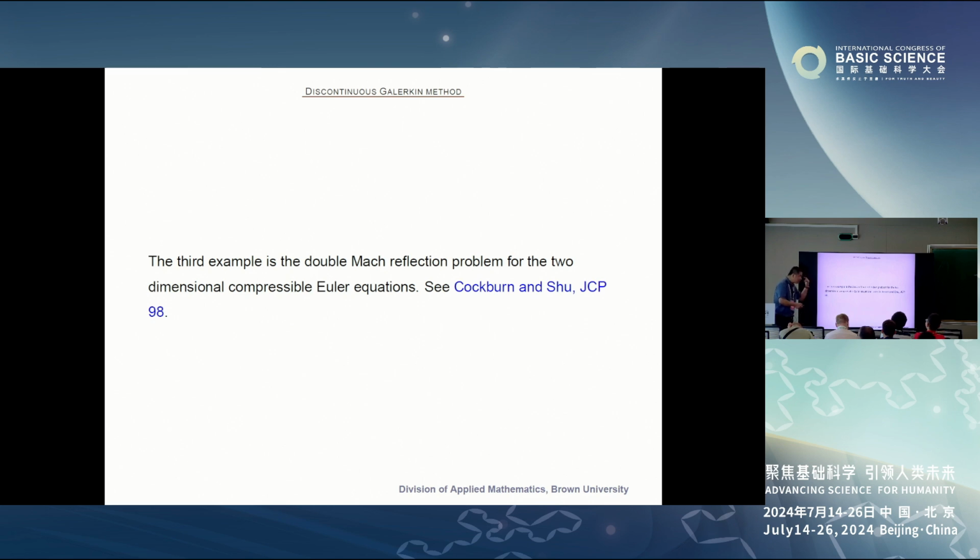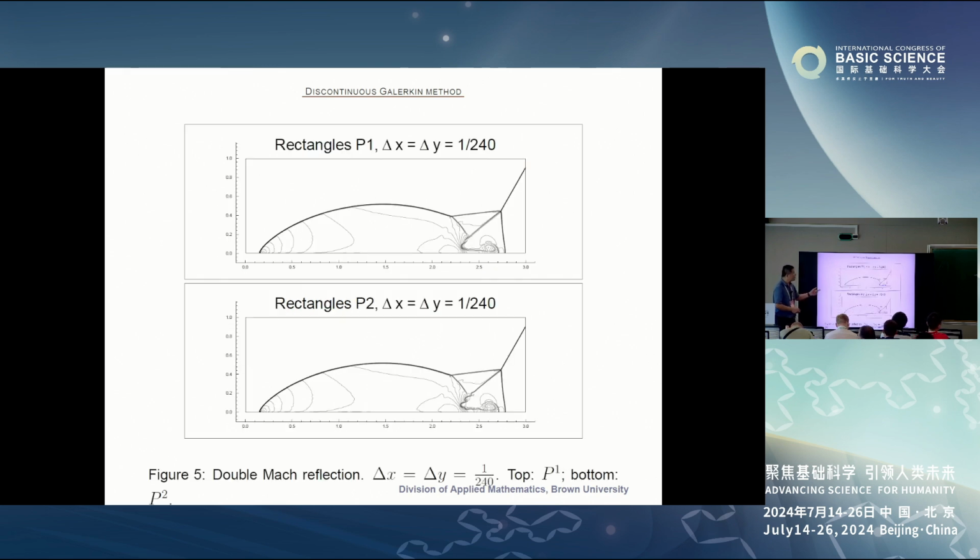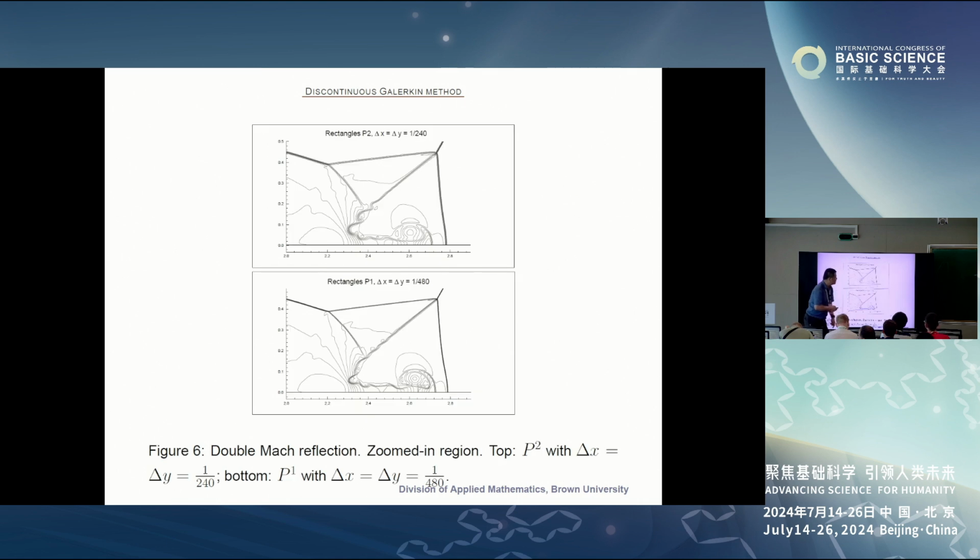The previous one is linear. This one is nonlinear. You compute this kind of thing, and they look pretty similar to each other. This is a P2 with 1/240 mesh size. This is P1 with 1/480 mesh size. They are basically comparable. But of course, this is much cheaper, with a much coarser mesh.